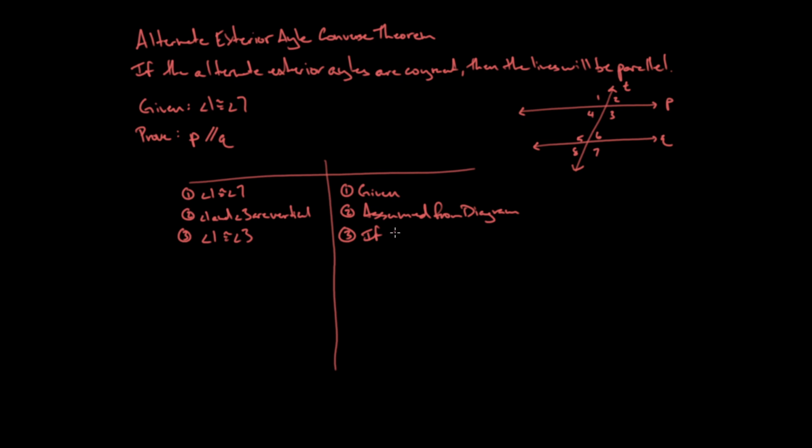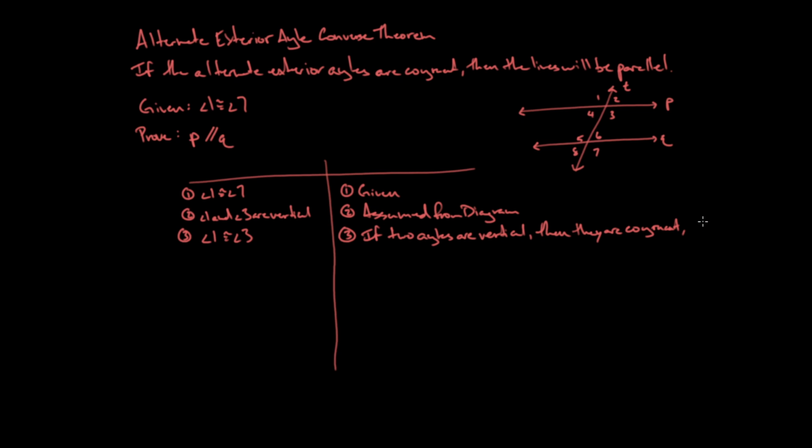It says that if two angles are vertical, then they are congruent. I feel like it's a good time to stop and take some appreciation for the vertical angle congruence theorem.